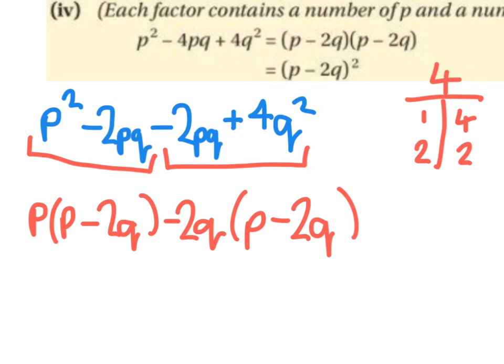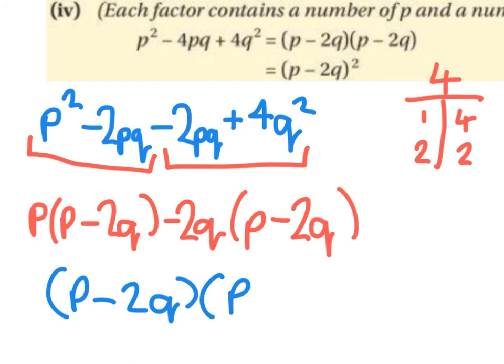Minus 2q into minus 2pq leaves me with p. And minus 2q into 4q squared leaves me with minus 2q. So I notice that what's inside my brackets is the same, so that's going to be one of my factors, p minus 2q. And then I'm going to bring down this p, and I'm going to bring down this minus 2q.